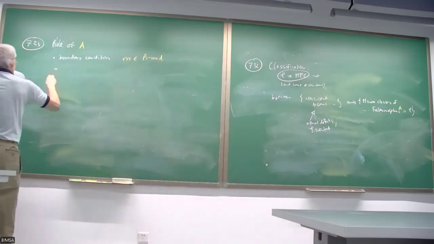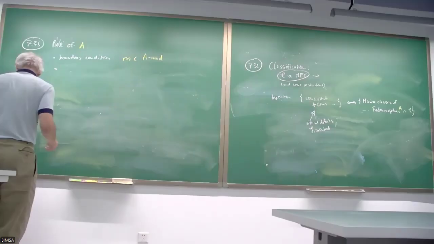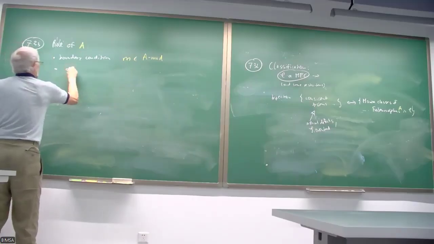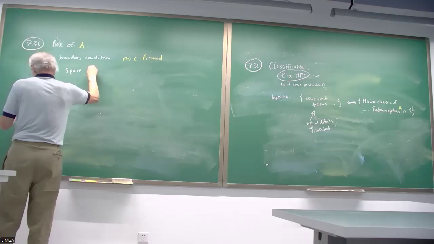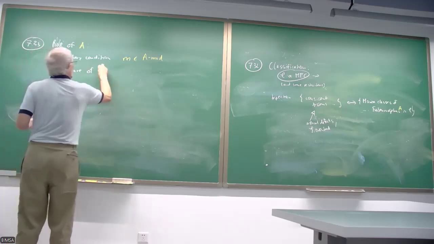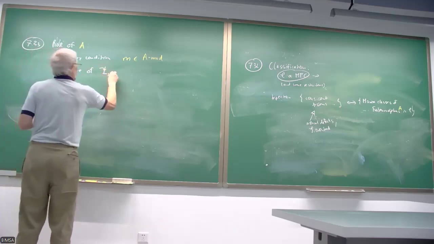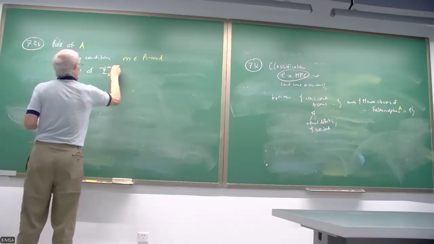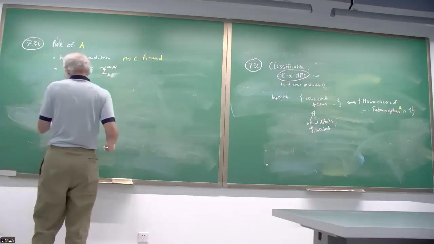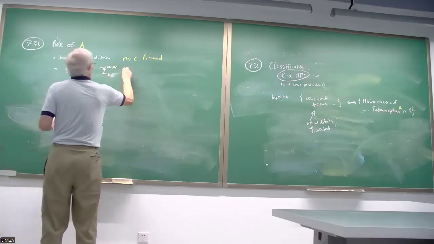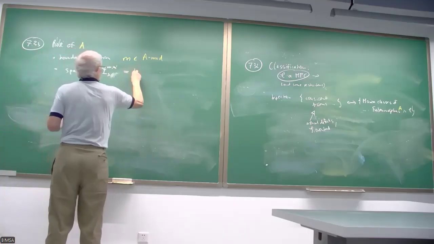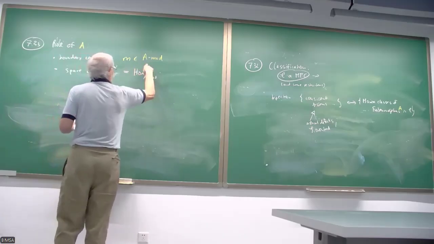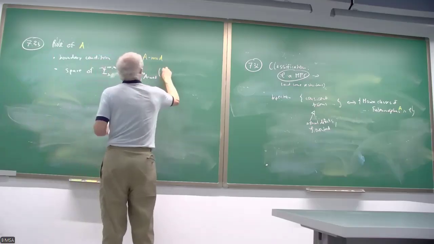Then the space of these boundary fields with chiral labels lambda and boundary labels m prime will correspond to the space of morphisms in the category of A modules.